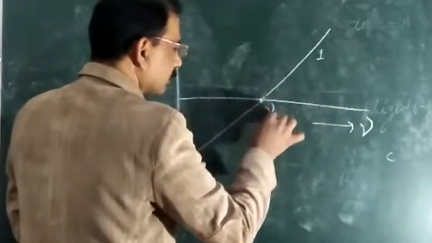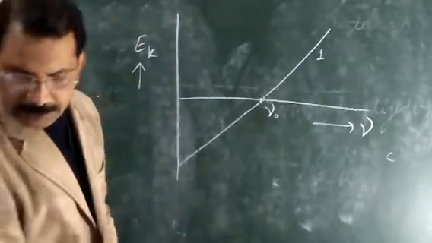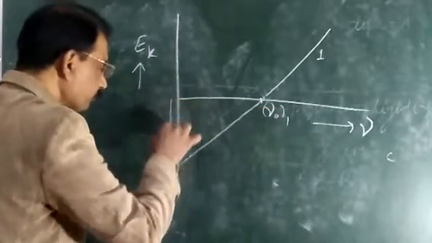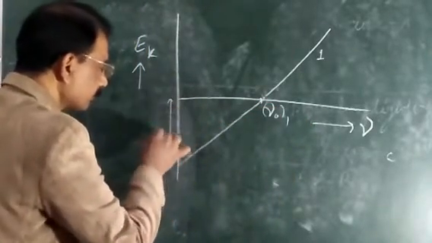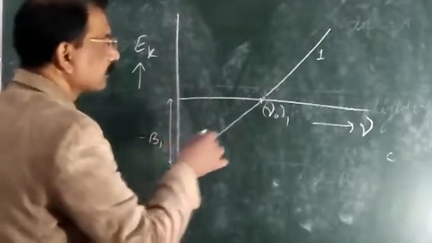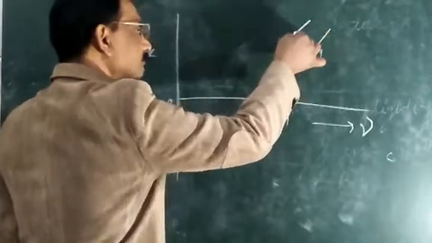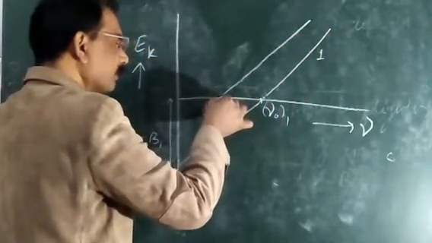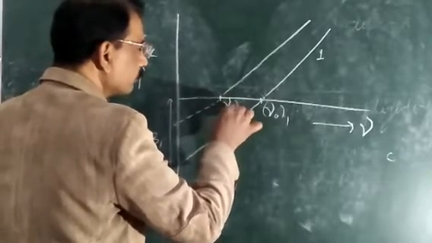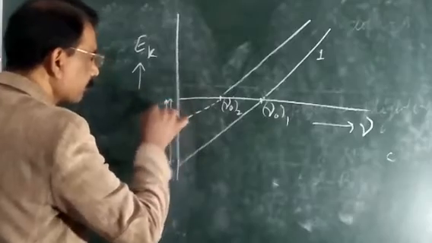Here nu 0 is for the first metal, so we can write this one as nu 0 1 for this metal, and suppose this energy is called minus B1. For the plate of the second material, it looks like this. Here this one is nu 0 2, and this energy is, suppose, minus B2.